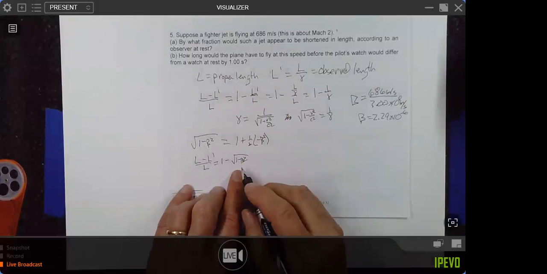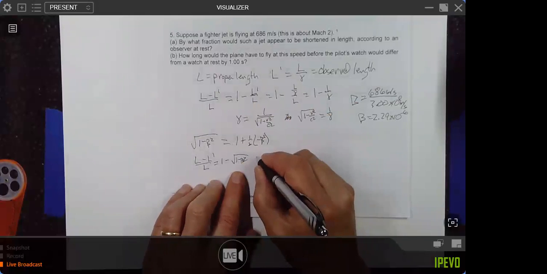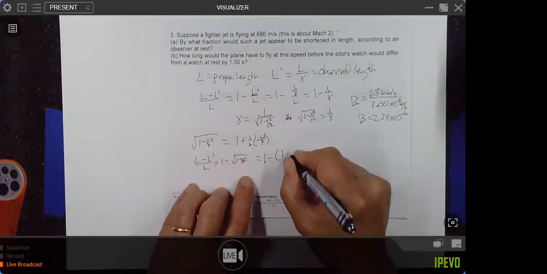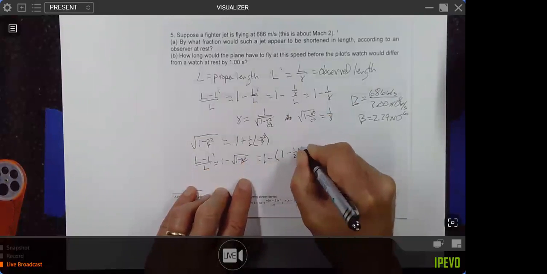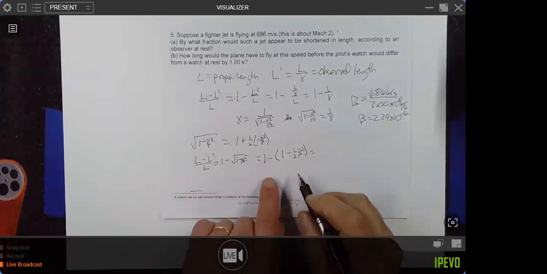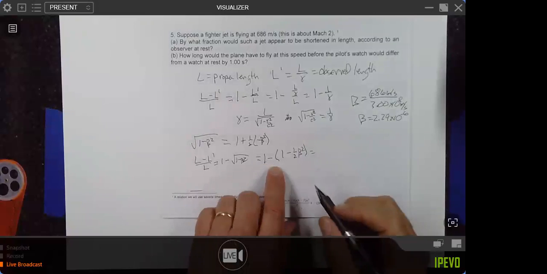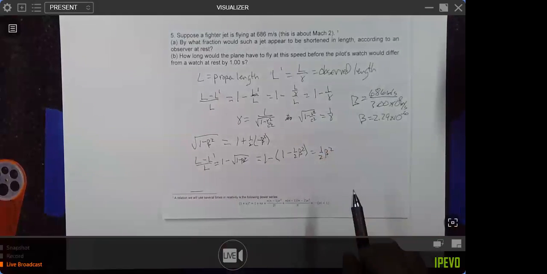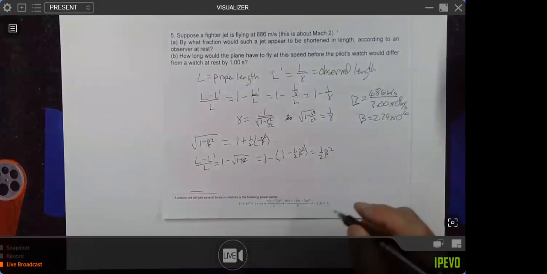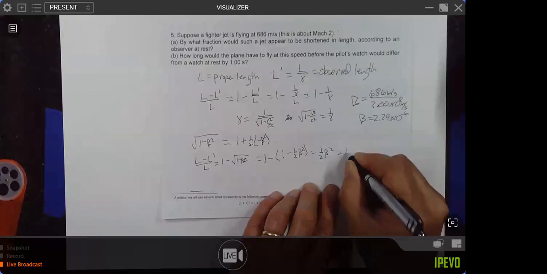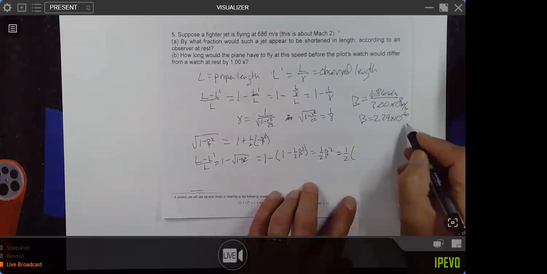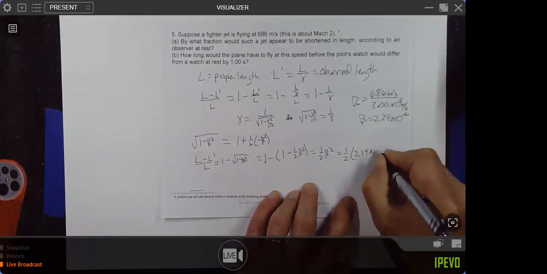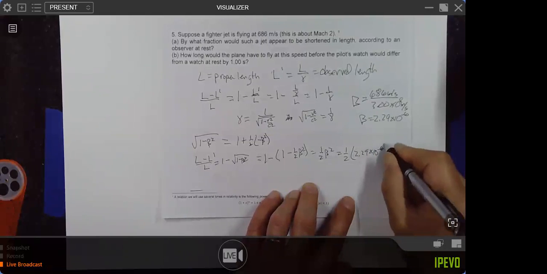Okay, anyway, 1 minus that thing, which is going to be 1 minus 1 minus 1/2 beta squared, which is just 1 minus 1 is 0, minus and a minus is a plus. It's just going to be 1/2 beta squared. That's going to be the fraction that it appears shortened in length, which is going to be 1/2 times this thing squared, 2.29 times 10 to the minus 6th squared.